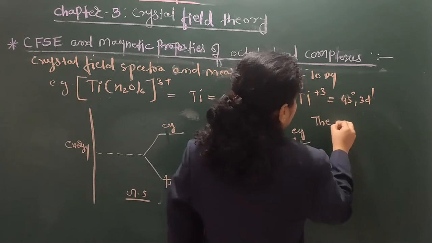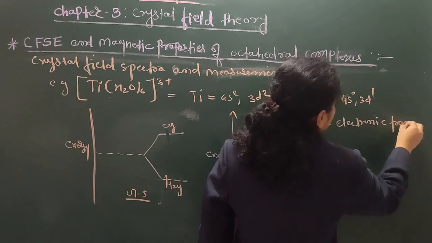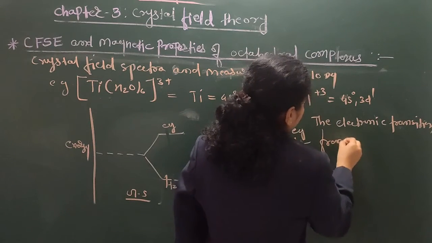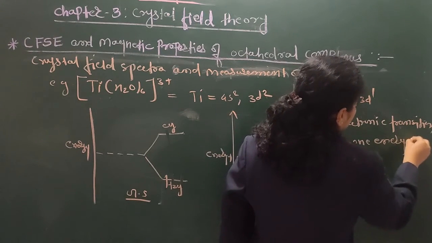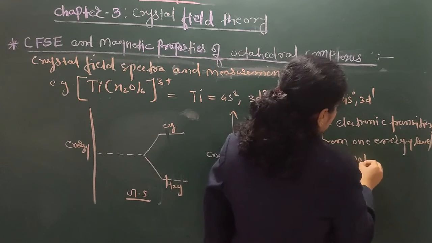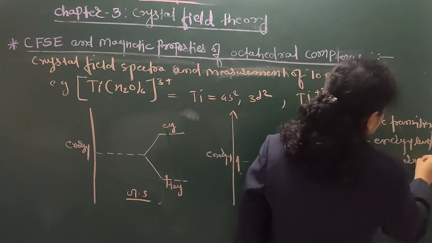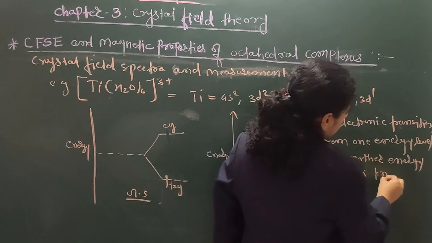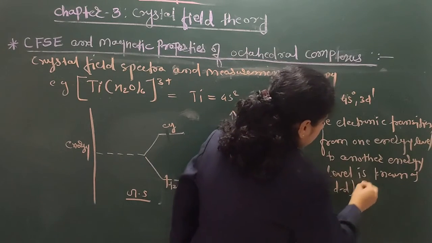Transition from one energy level to another energy level is known as d-d transition.